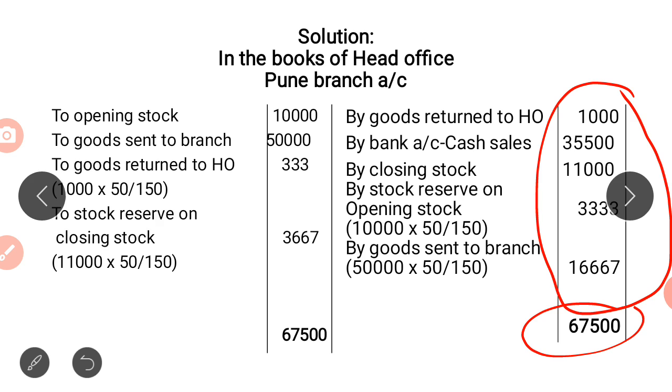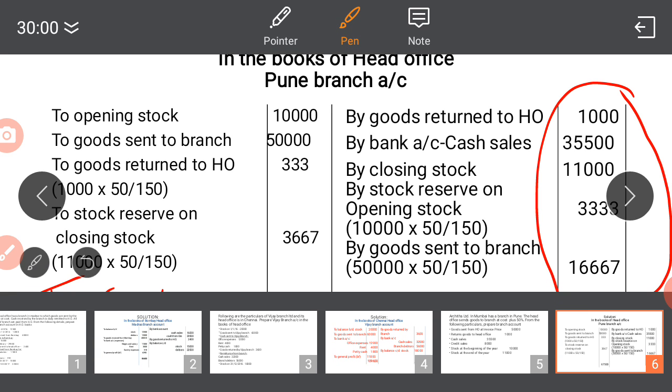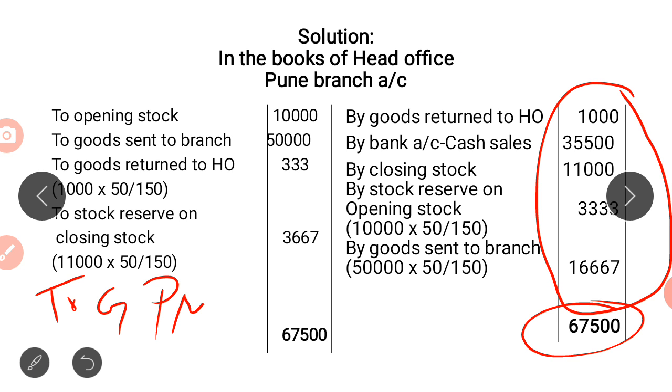The debit side is lesser than the credit, so we will get a general profit of around 3,500. We'll get 3,500 as a profit. Like this we have to calculate.